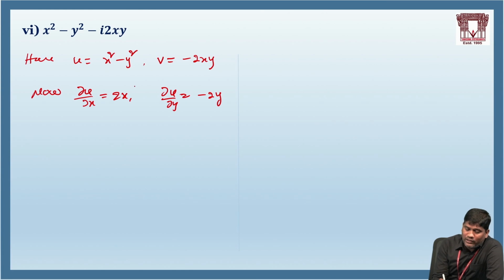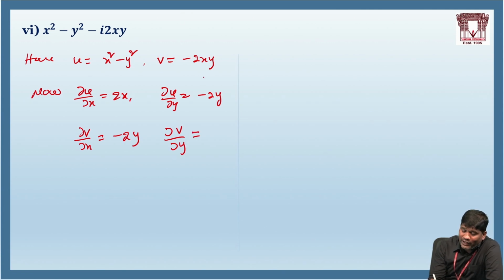Then for the second function, ∂v/∂x is minus 2y. ∂v/∂y is minus 2x.